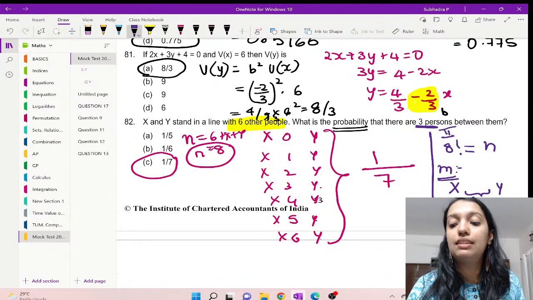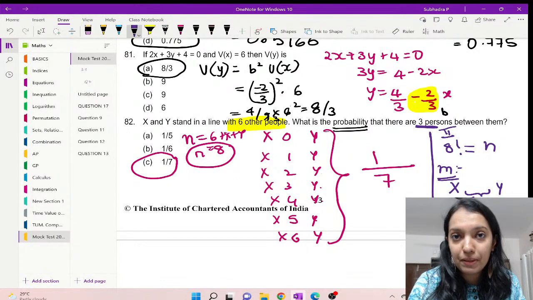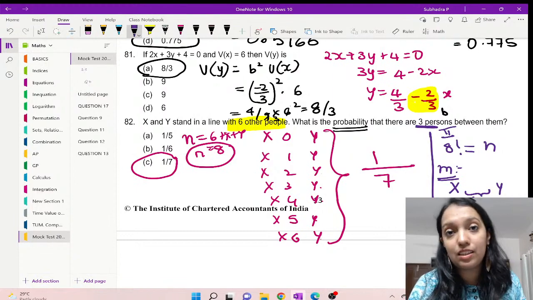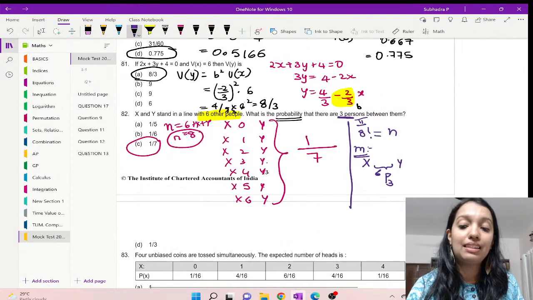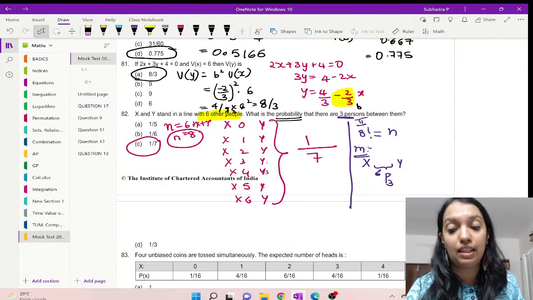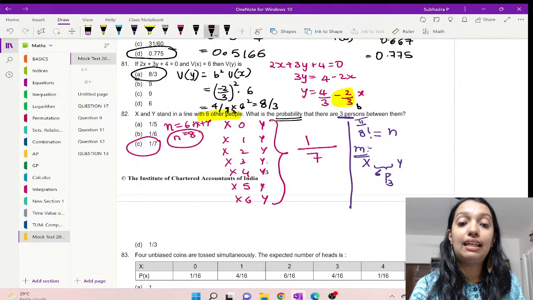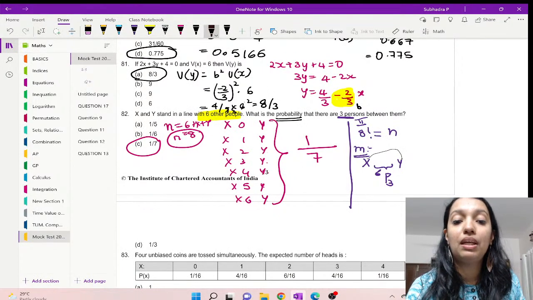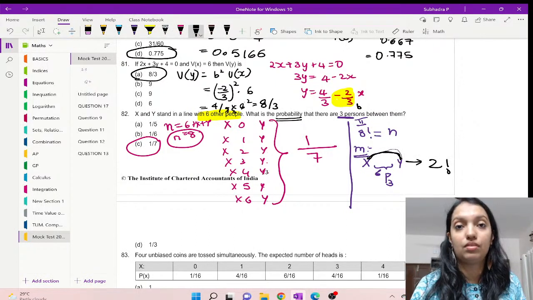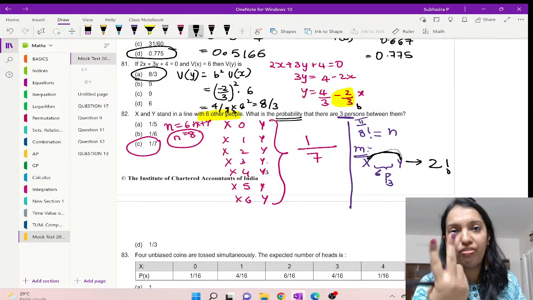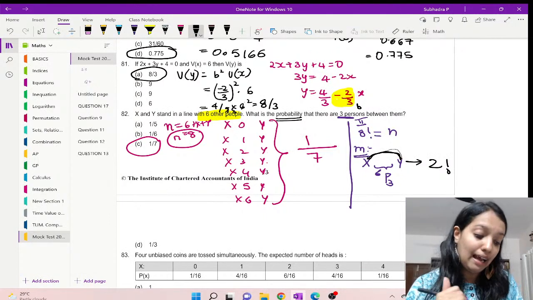So from 6 people taking 3 will be 6P3. So in how many ways can this be arranged? In 6P3 ways. But X and Y can themselves be arranged in 2 factorial ways: XY, YX.